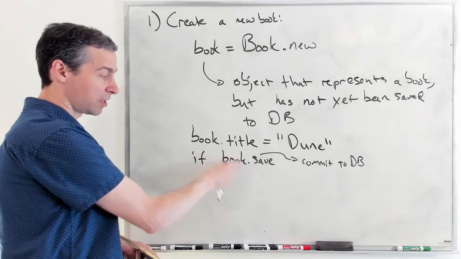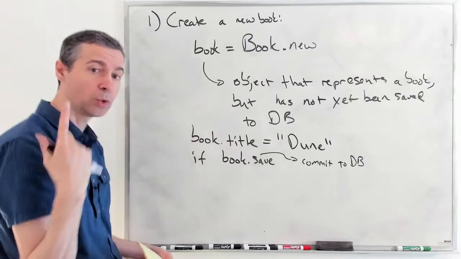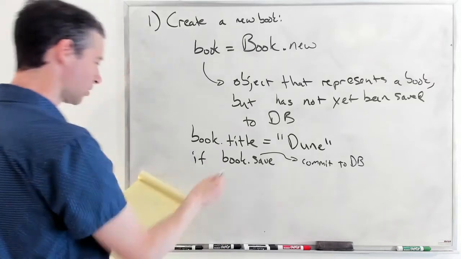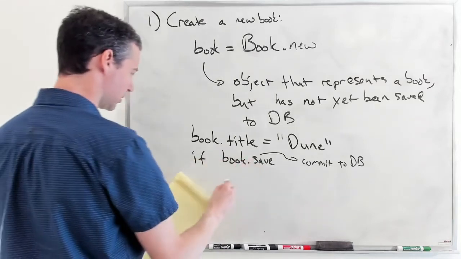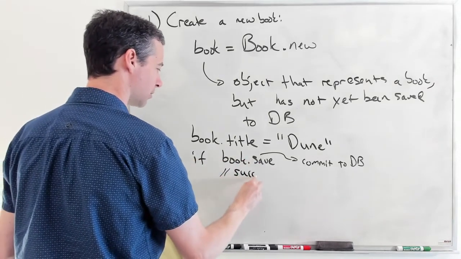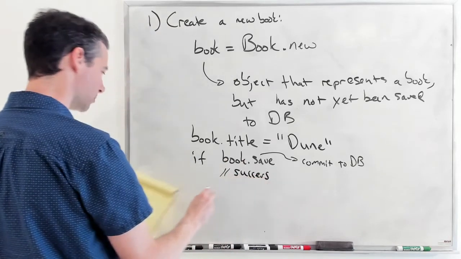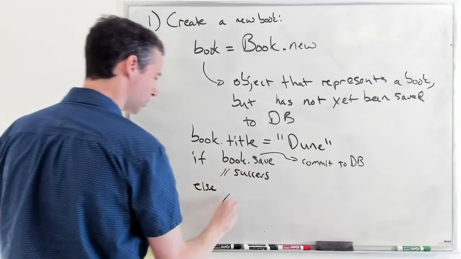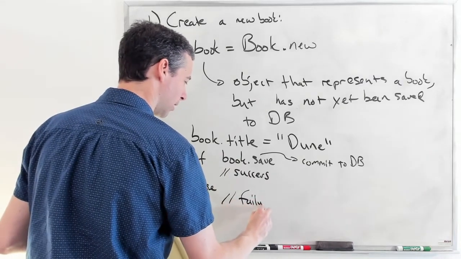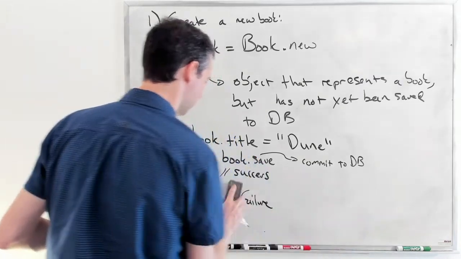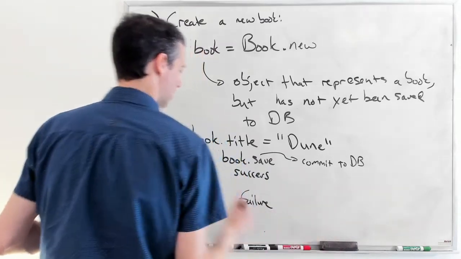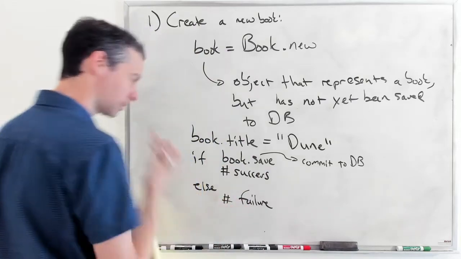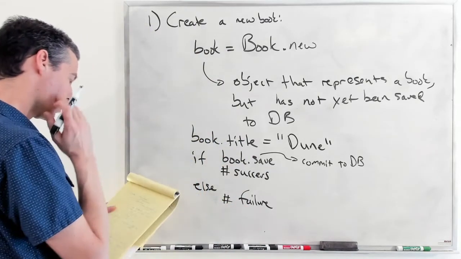And this will actually then learn and know, ooh, I'm ID number 5 in the database. Okay, so if it's true, it means we had success and we actually were able to save it, and we'll get our new row. If it's not true, then we're going to have a failure. And I am writing comments in C or Java style. I should really be writing comments as Ruby style with the hash mark.